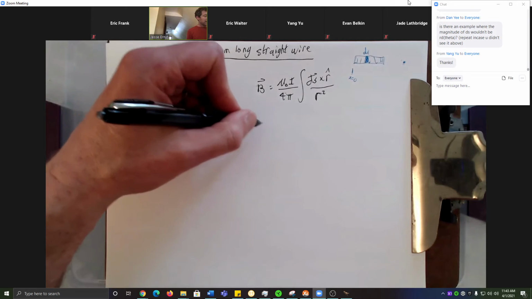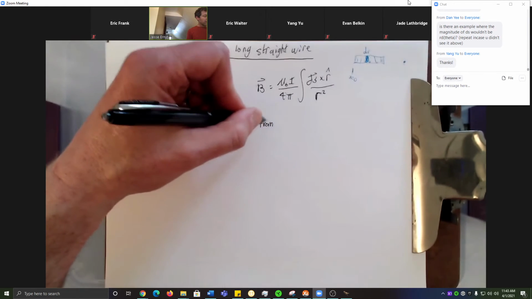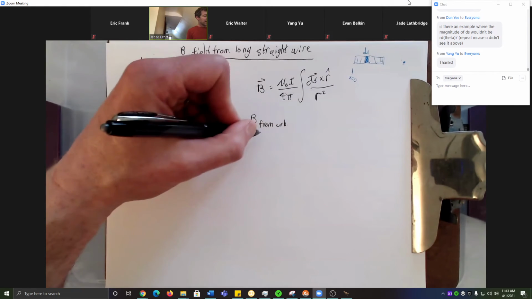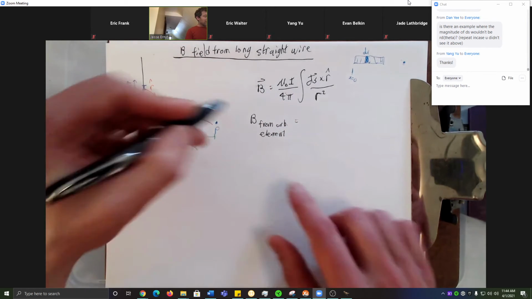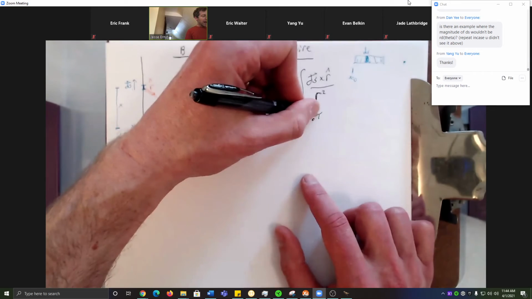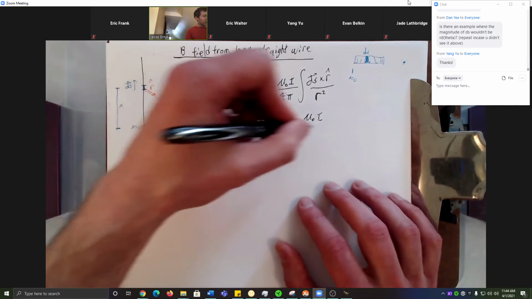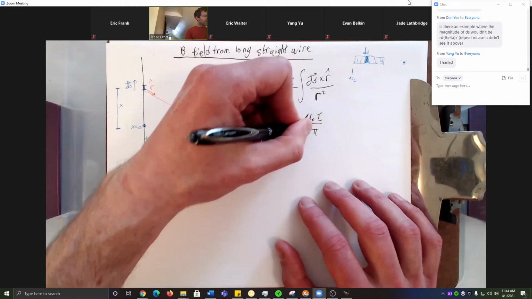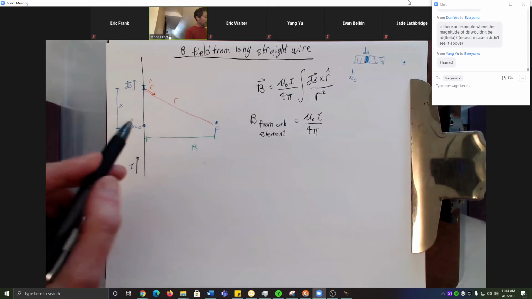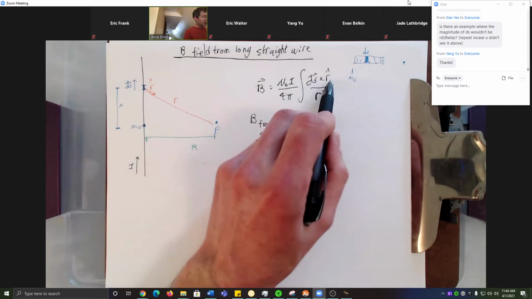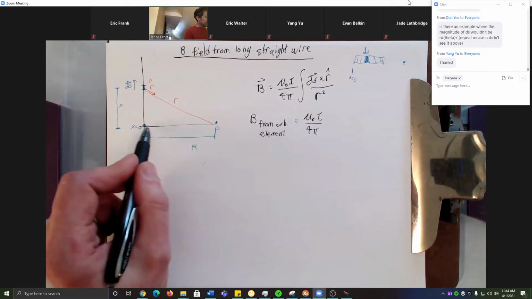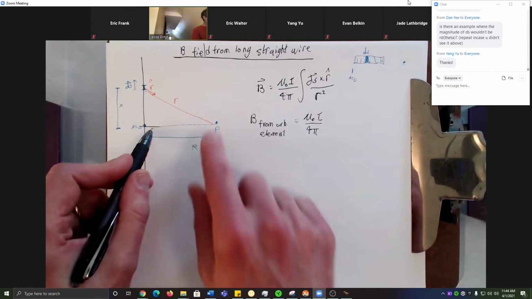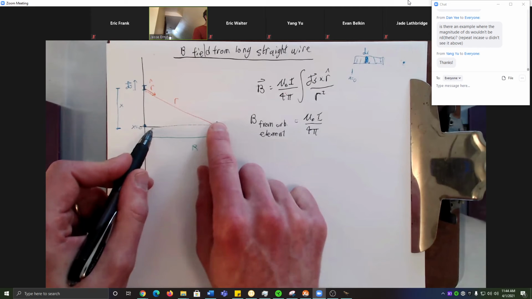So B from arbitrary element. That's going to be mu naught I, the current in this element, over 4 pi. Okay, now we've got a little work to do. So we need ds cross r hat over r squared. This distance is capital R. That's how far away we are from the wire.